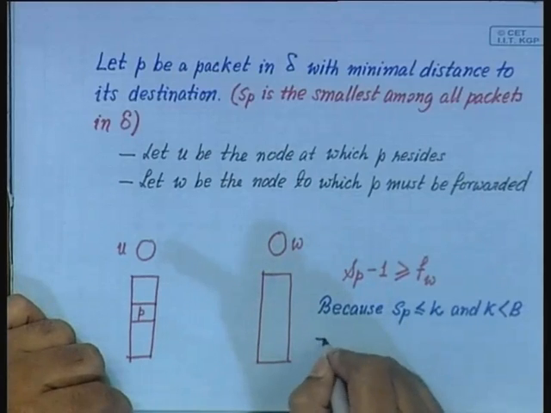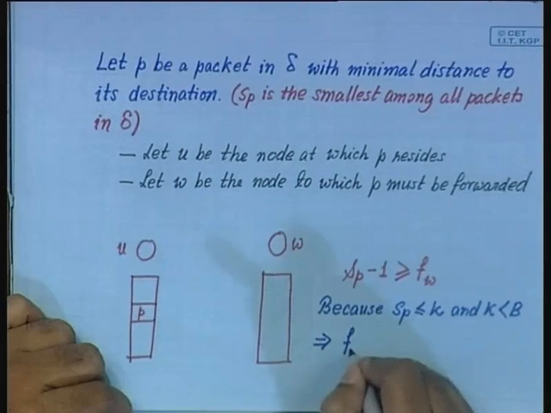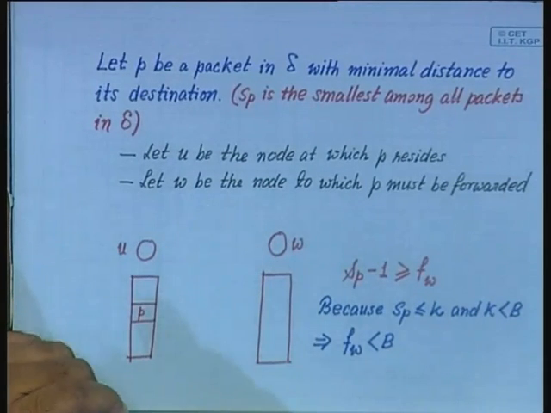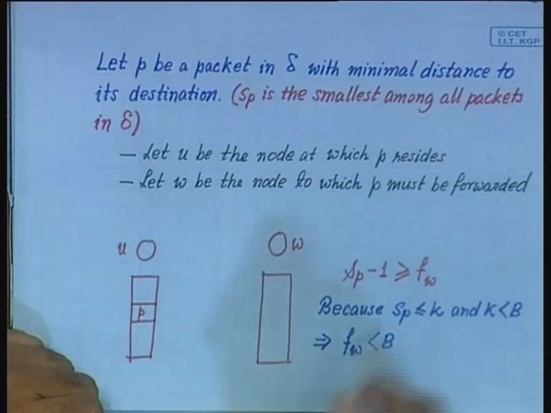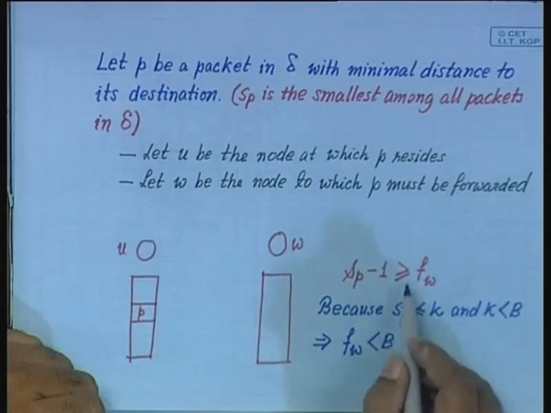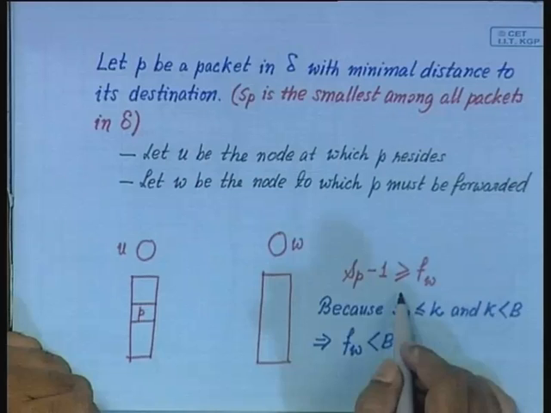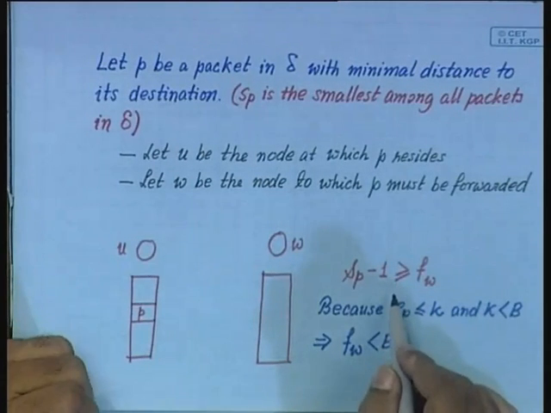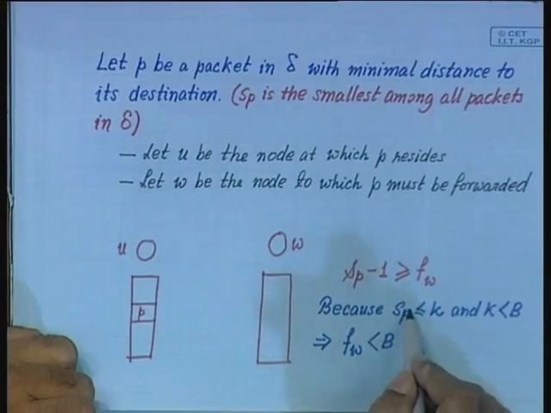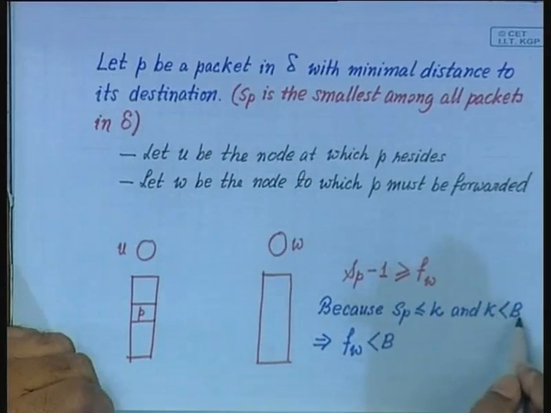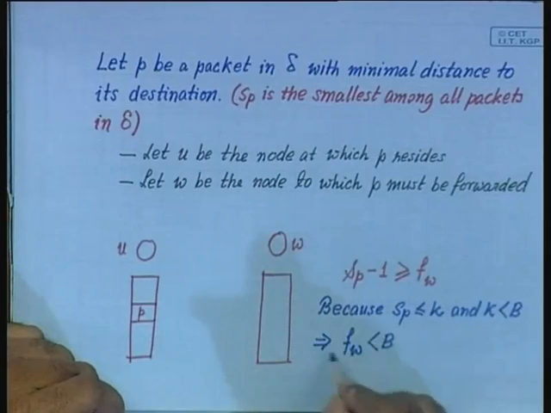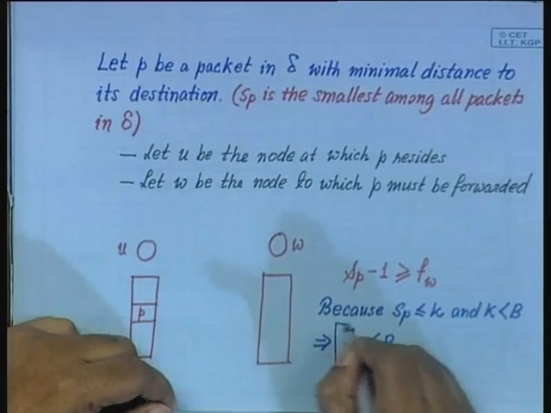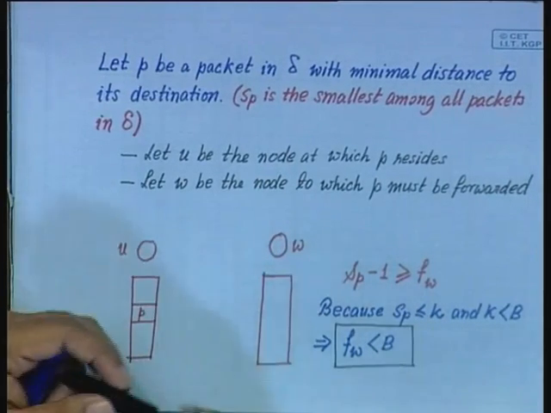So, therefore, we know that FW is less than B. Why? Because FW is less than or equal to SP minus 1, which is strictly less than SP, and SP is less than or equal to K, and K is less than B. So, we get FW less than B. Okay.